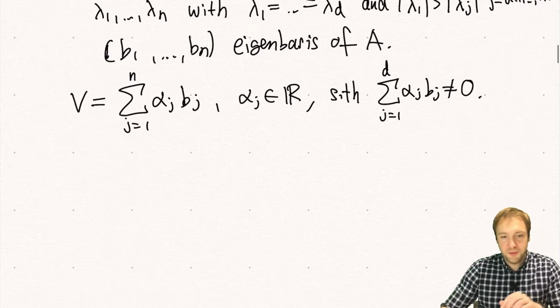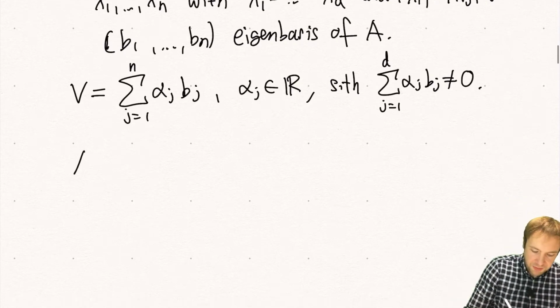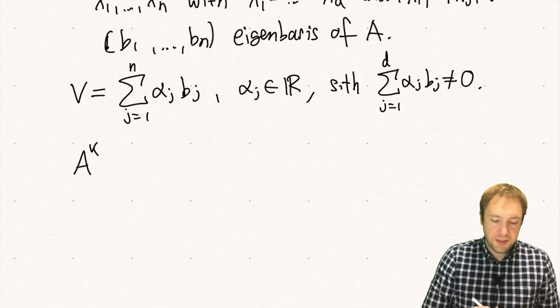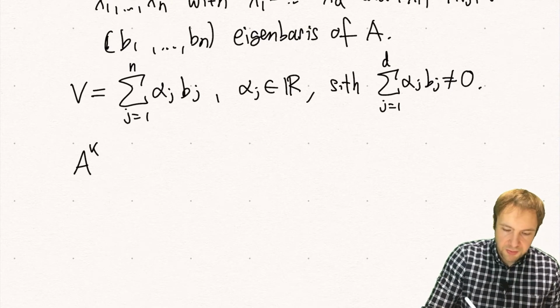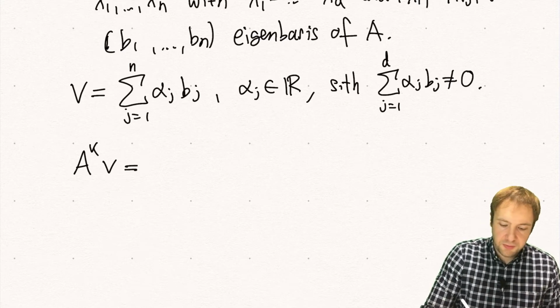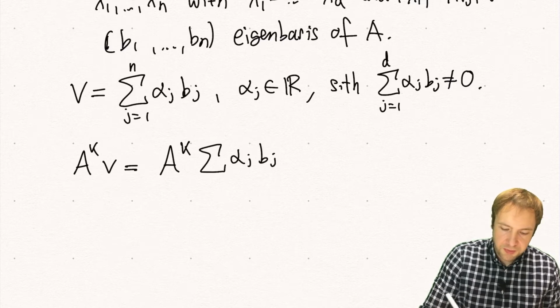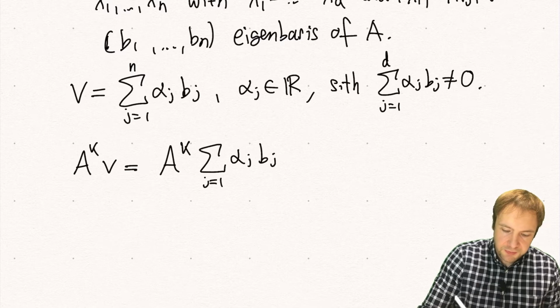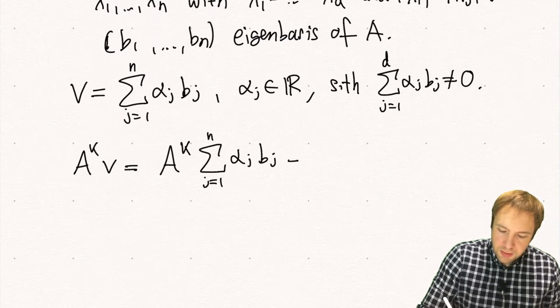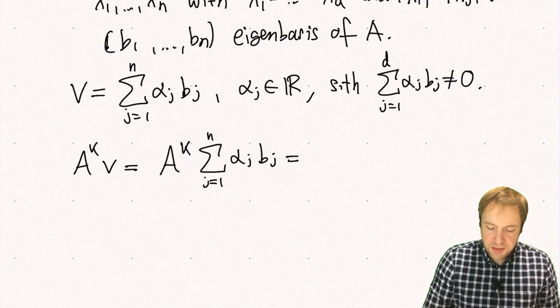But now for the calculation we want to do, we want to see what happens if I multiply A to the power k with this v. So this is by definition... Well, we write this v in terms of our eigenbasis. And now I can multiply A^k to b_j.